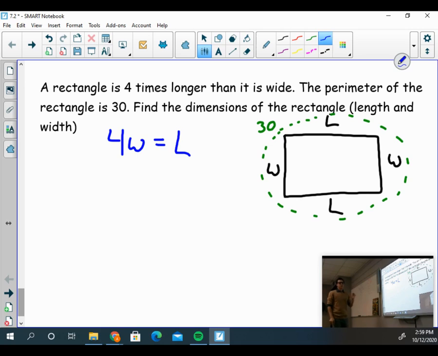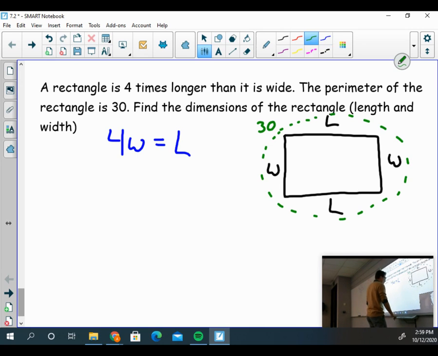If the length is 16 and the width is 4, I would have to multiply the width by 4 to get the length. Might seem confusing. You might go, hold on, why is the 4 not with the L? Because the L is bigger. Imagine it. If the L is really big, I've got to multiply the width by 4 to get it equal to the length. So 4 times longer than it is wide, we're going to write that in equation form as 4W equals L.